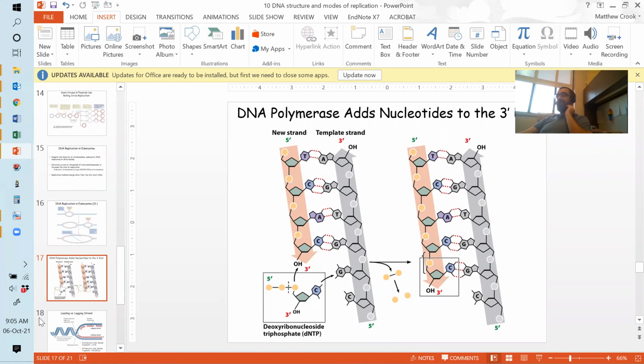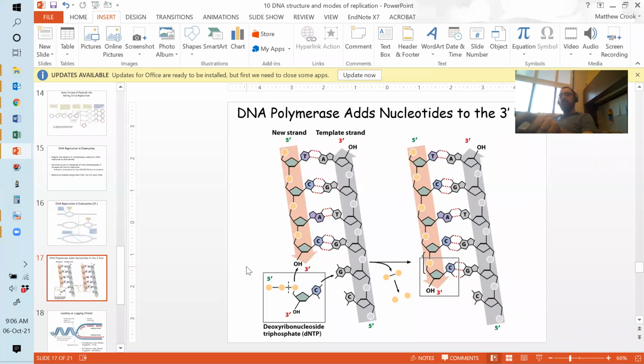Just to re-emphasize, and this is a really important point, and key to understanding some of the quirks of DNA replication, at least theta and linear chromosome replication: always, always, always, the new nucleotides are added to the 3' end.